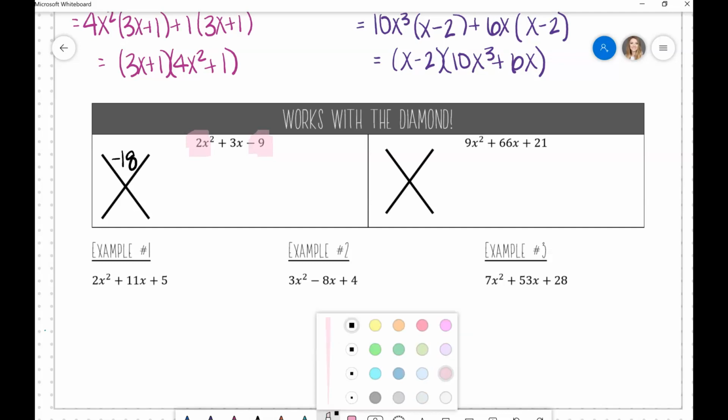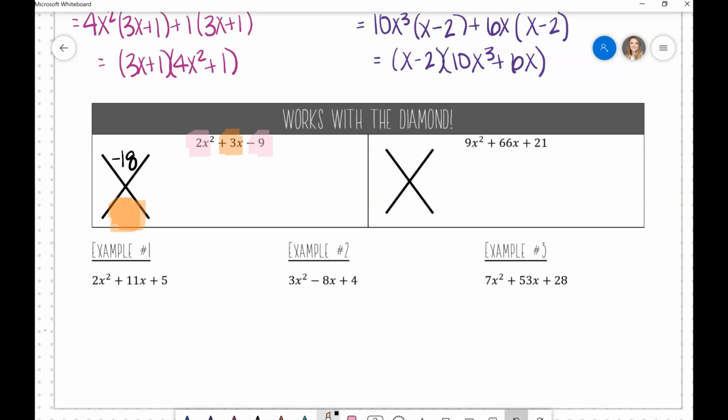You look at your B value, that goes down here. And so you want to multiply to get negative 18 and add to get 3.